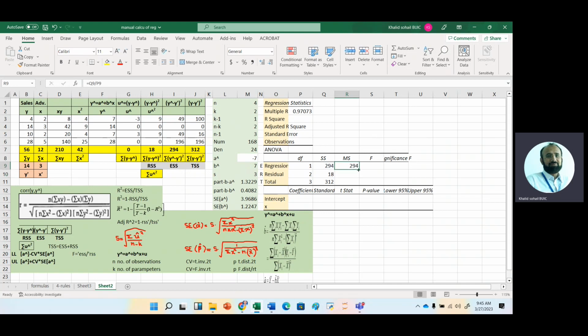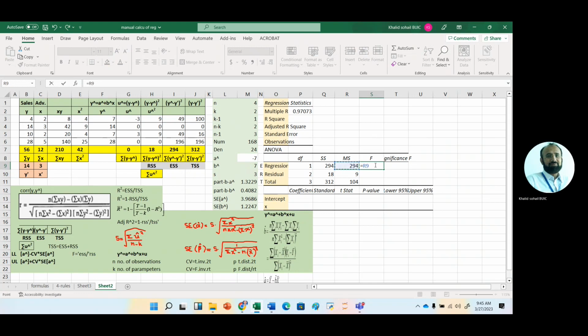So we will get these average deviations. As these are squared deviations and they look like variances, so that is called analysis of variance. Now F is basically the ratio of ESS and RSS.